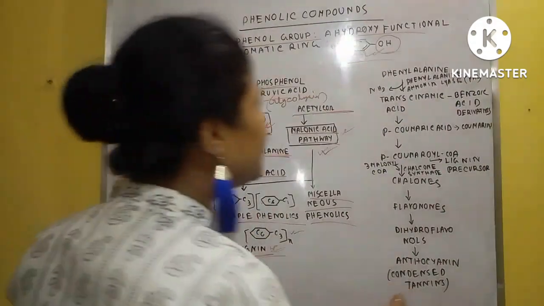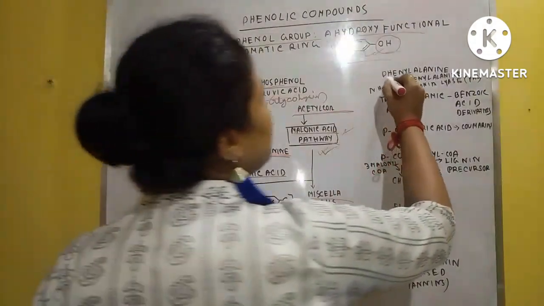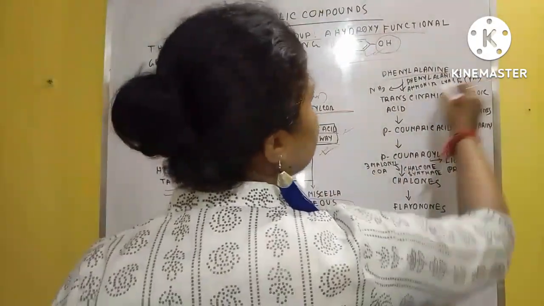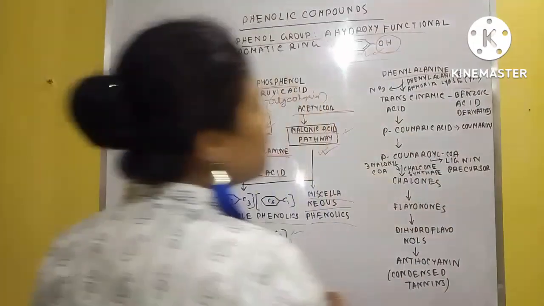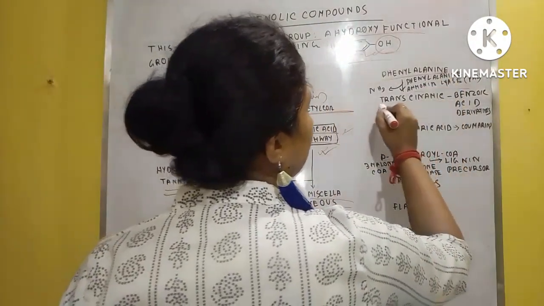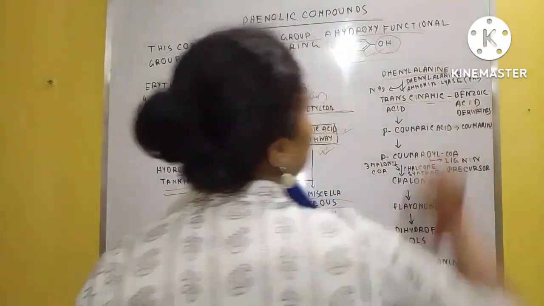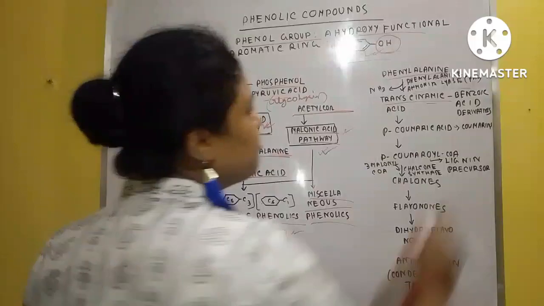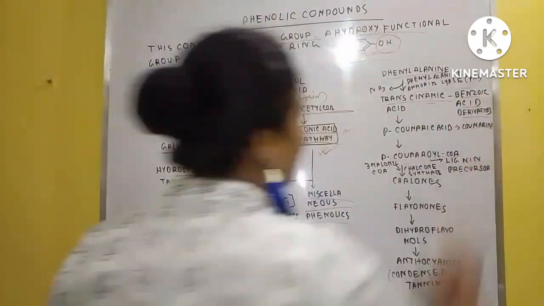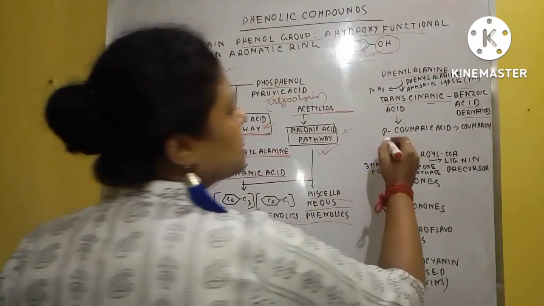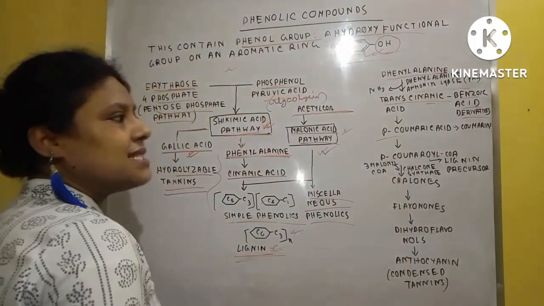So here you can see that phenylalanine, in the presence of phenylalanine ammonia lyase, forms transcinnamic acid. From this transcinnamic acid, benzoic acid derivatives are formed, and in the following part, p-coumaric acid is formed.